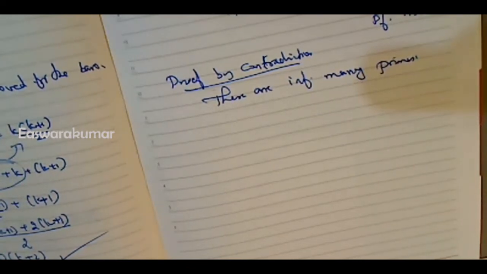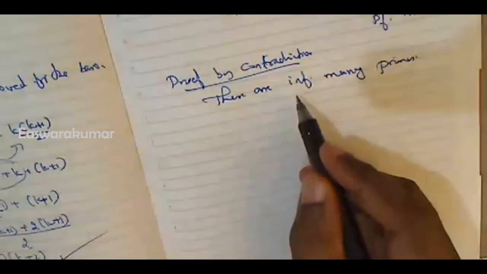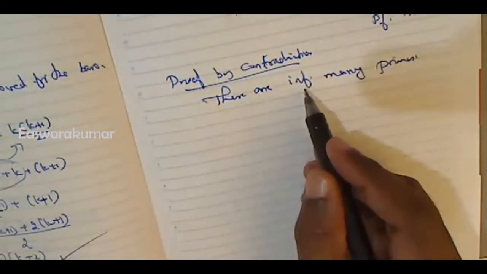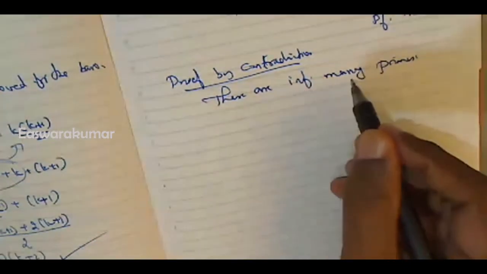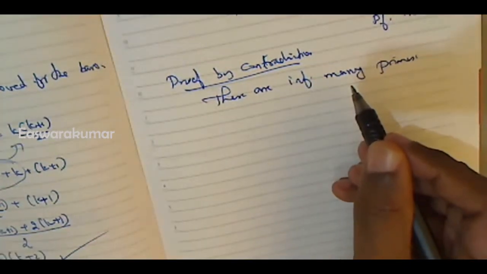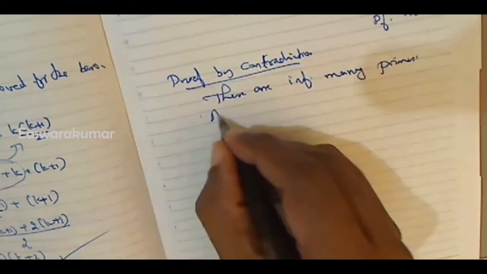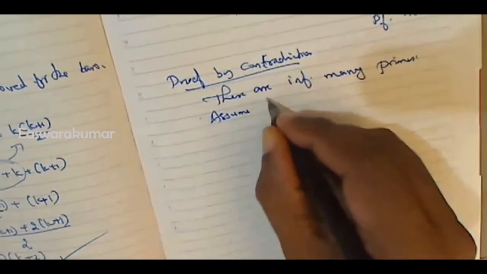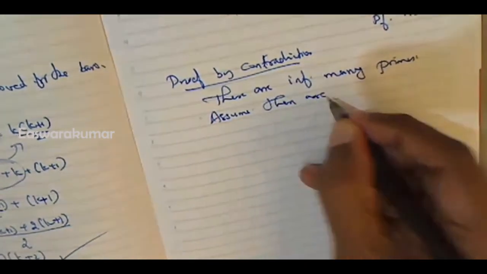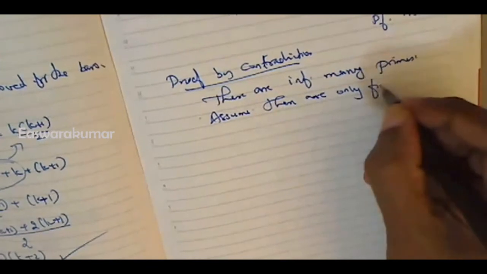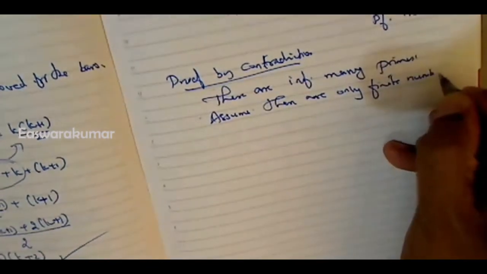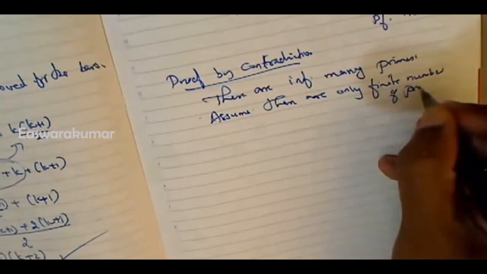In proof by contradiction, as I mentioned earlier, we assume a statement which is contradictory to the one we want to prove. Here we say infinitely many primes, so we assume that there are only a finite number of primes.